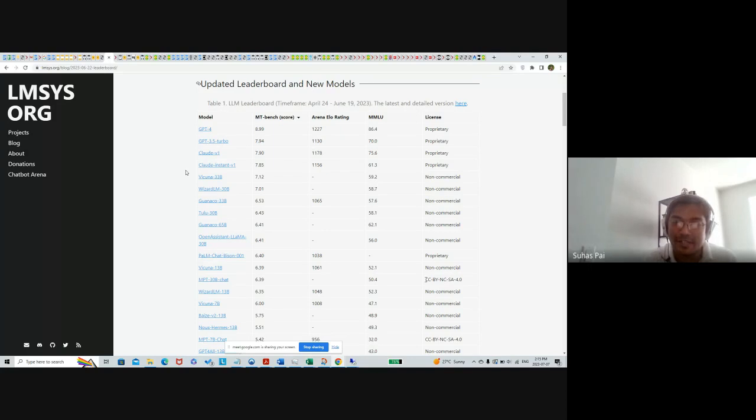Here you have MPT, which is somewhere here, but note that this rating is not logarithmic, but it's kind of like that. If, for example, one model is 1200 and another is 1000, it more or less means that if you pit these two models against each other, around 99% of the time or so, GPT-4 is going to win.